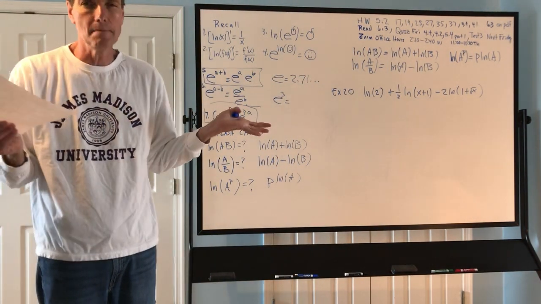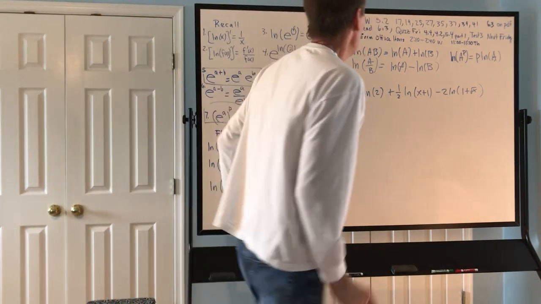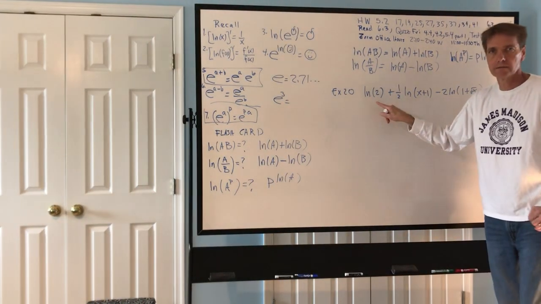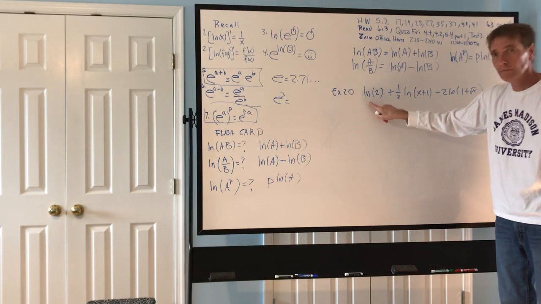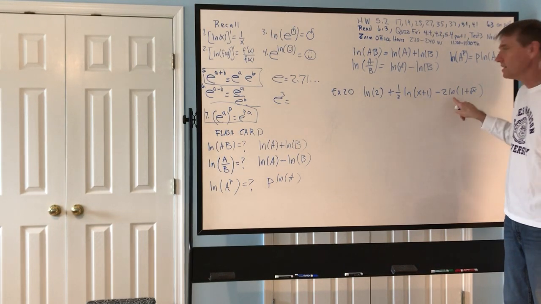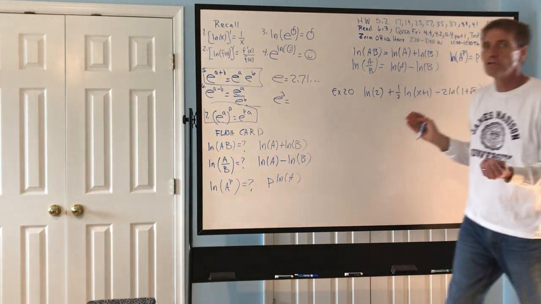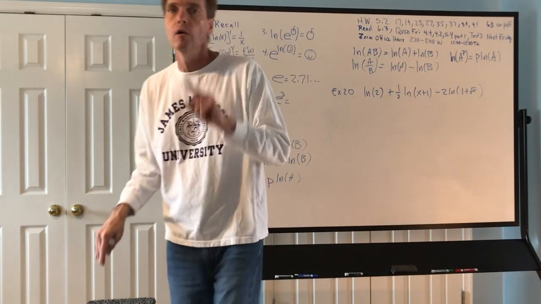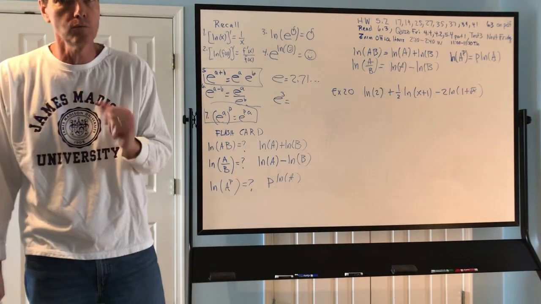You're like, Dr. Warren, what does that mean? Okay, well, right now, how many logarithms do you see? And you're like, I see one logarithm, I see two logarithms, I see three logarithms. Well, they want you to write this with only one logarithm.